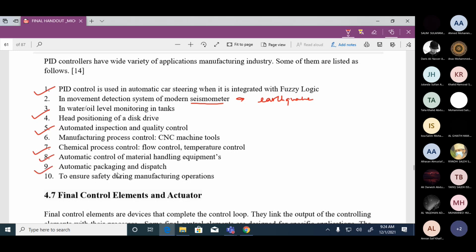And also packaging for dispatch, like how medicines are placed, where you have a strip with the capsule placed inside an air bubble. All of that is done automatically, and that automatic control is possible because you are implementing either the proportional, integral, derivative control or the on-off controllers, and to ensure safety during manufacturing processes.